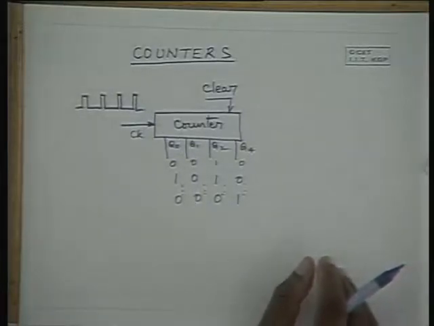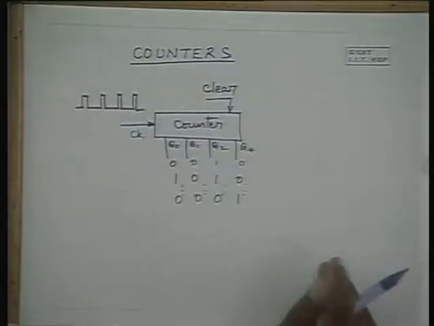Now let us see how we can make a counter using flip-flops. As I mentioned, there are different kinds of counters available, and let us see one category of counters known as ripple counters.